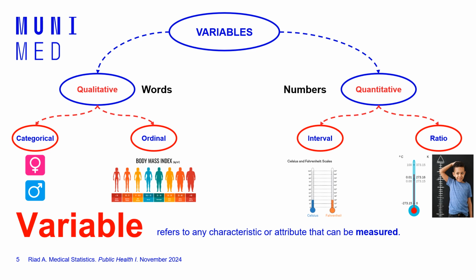So when the body height is 0, it means that this body is not existent. There is no height at all. The same also for Kelvin temperature. We cannot reach 0 Kelvin. That's why it is a quantitative ratio variable, because 0 here means the phase of no existence that is impossible to be achieved.